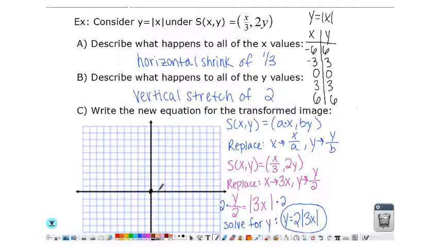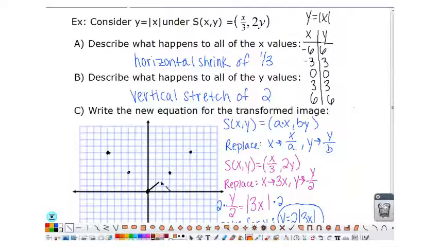We have 0, 0, 3, 3, and 6, 6. And then same thing on the other side: -3, 3, and -6, 6. Then I'm going to use my straight line tool to connect the dots so we can see our full function here. So there's one branch of our absolute value and 2 branches.